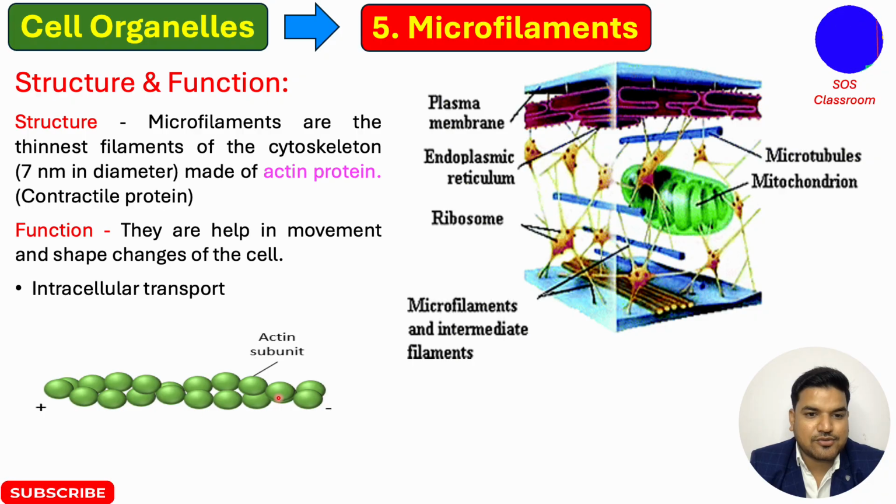You can see this structure: the microtubules, the plasma membrane, the endoplasmic reticulum, microfilaments and intermediate filaments, and ribosomes. So these are the microfilaments, which maintain the cell structure and cell shape, and actin protein also helps in the contractions of the cells.